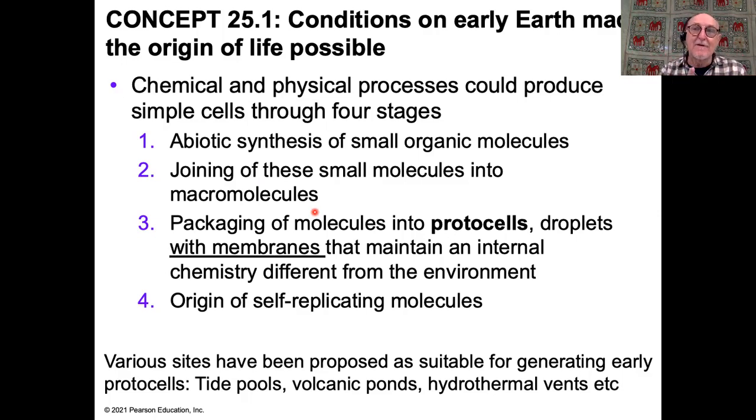We believe that the first molecules to do that, the first self-replicating molecules, were in fact not DNA, but were RNA, ribonucleic acid. And the reason we believe that is because there are many kinds of ribonucleic acid with different functions inside our own cells.